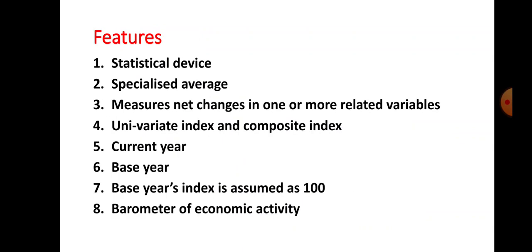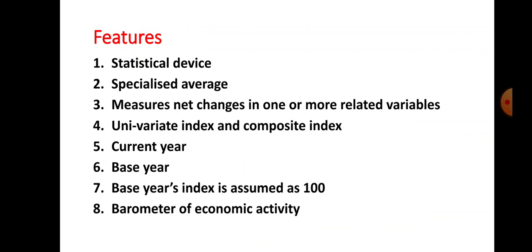Let us see the features of index number one by one. The first feature of index number is that it is a statistical device. Number 2, it is a specialized average. Simple averages like mean, median, mode, etc. can be used to compare variables having similar units.